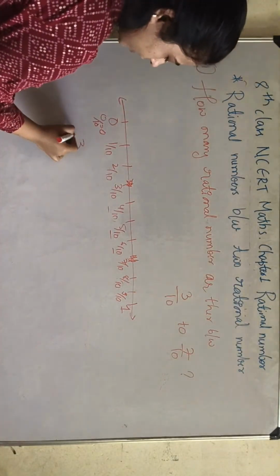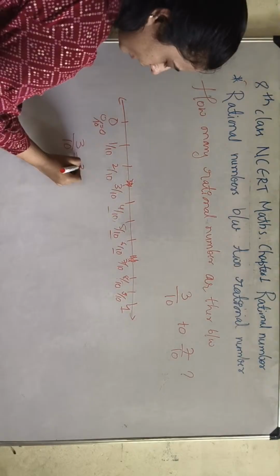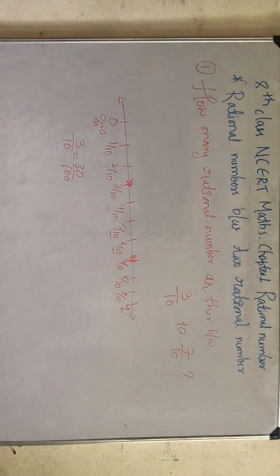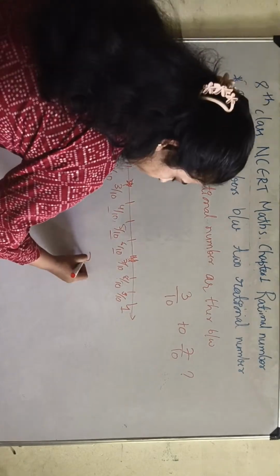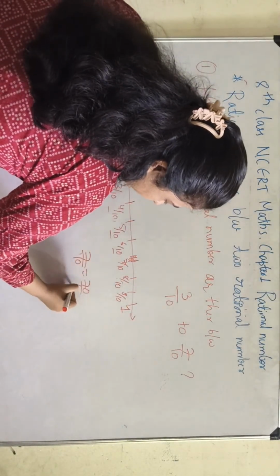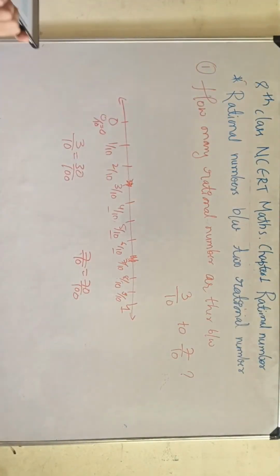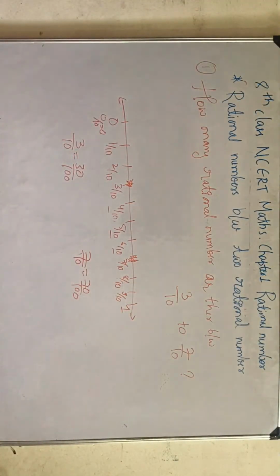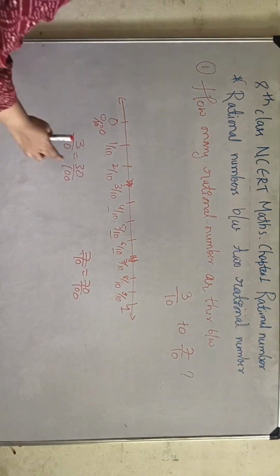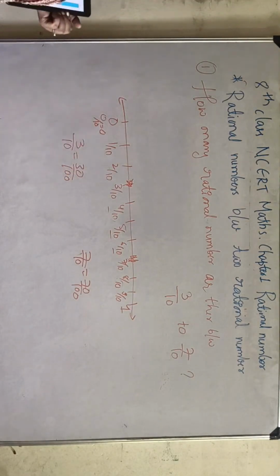But what if I write the 3 by 10 like this? I can write 3 by 10 as 30 by 100, and 7 by 10 as 70 by 100. Nothing but the same again. 3 by 10 is equal to 30 by 100; if you cancel these two zeros, I get 3 by 10 only.